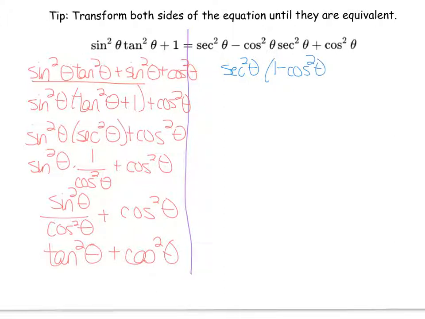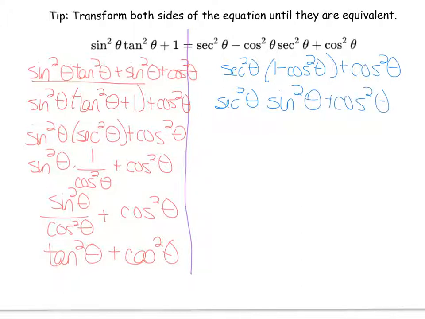I factored that out. And then this plus cosine squared theta is tagging along. So this is secant squared theta times sine squared theta plus cosine squared theta.